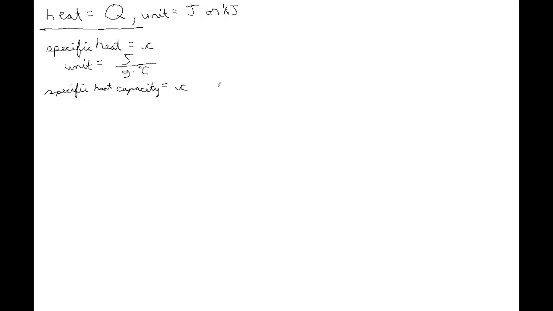Joules per gram degree Celsius, because it's identical to the concept of the specific heat. For example, what's the specific heat of liquid water? It's 4.184 joules per gram per degree Celsius.